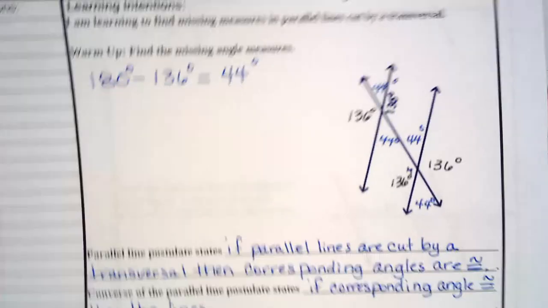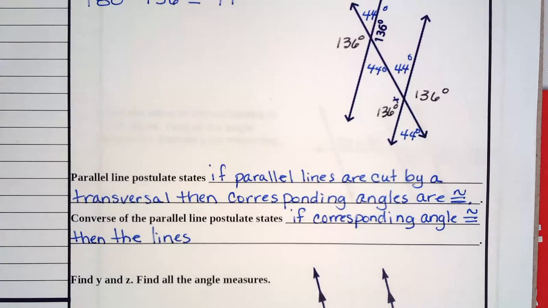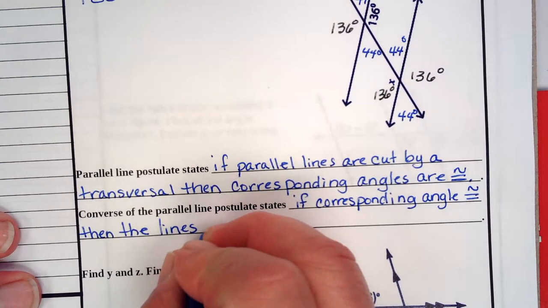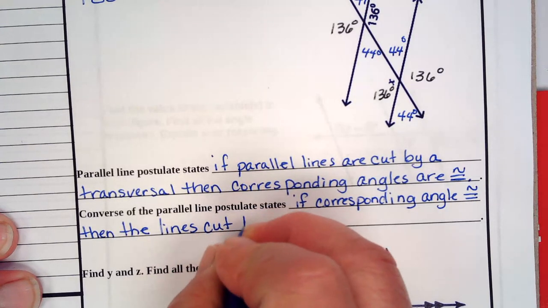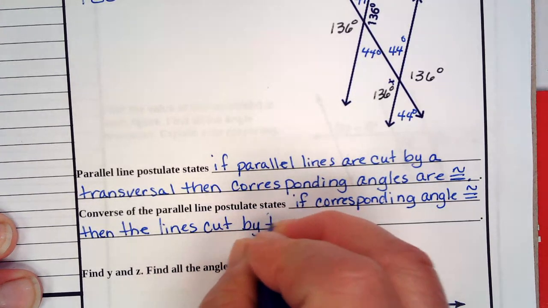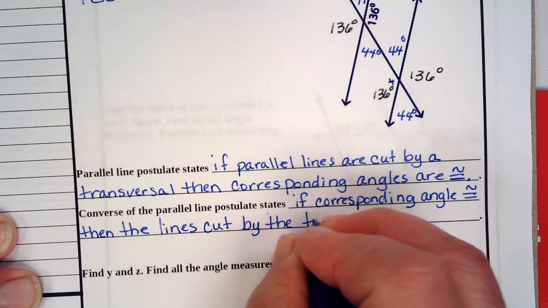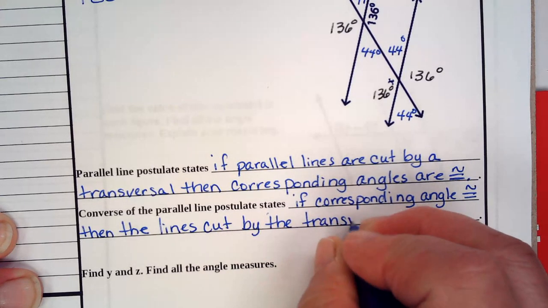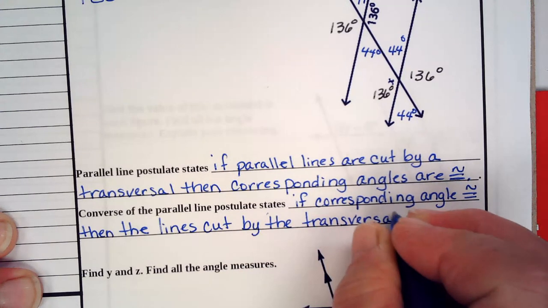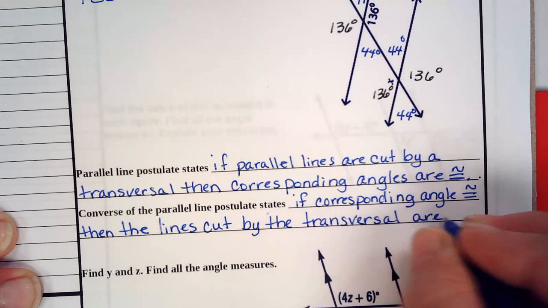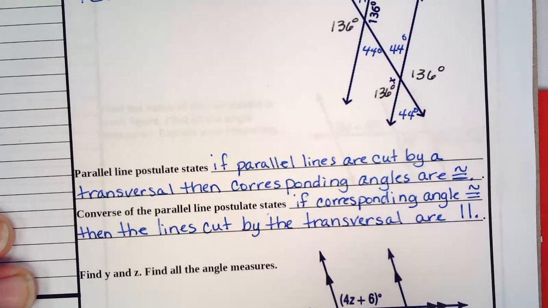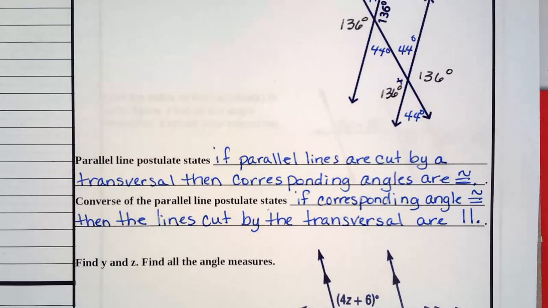Let me move it up so you can see this. Okay, so if they're parallel, then the corresponding angles are congruent. If the corresponding angles are congruent, then the lines are parallel.